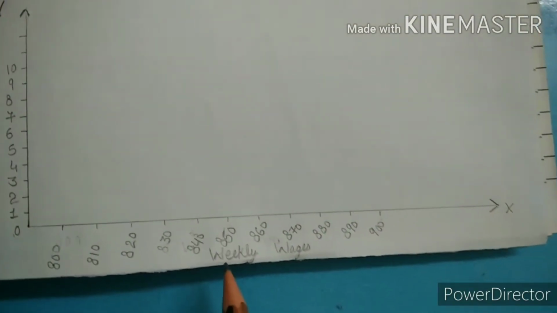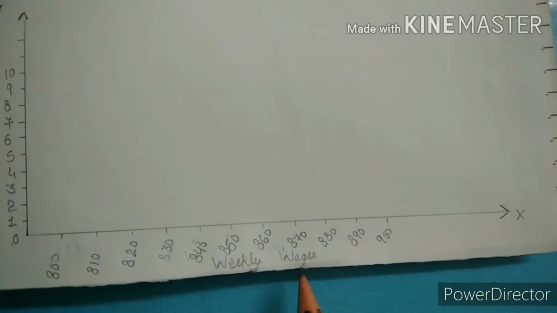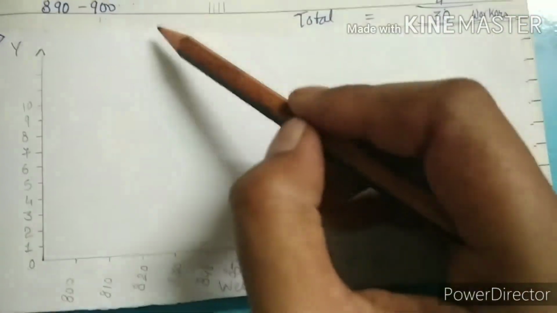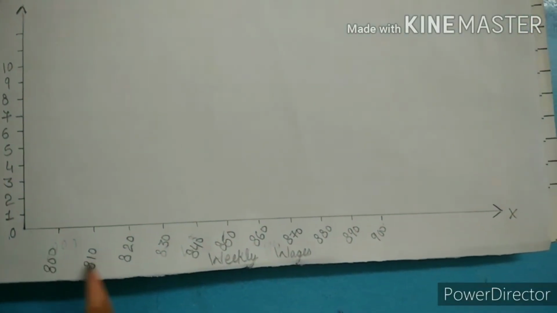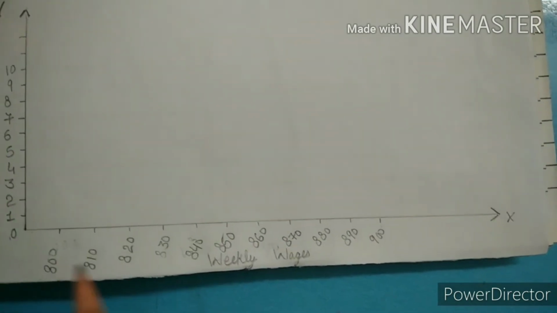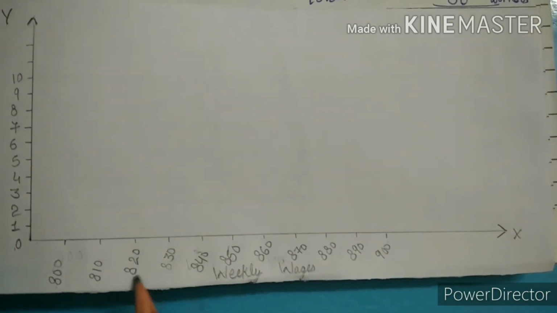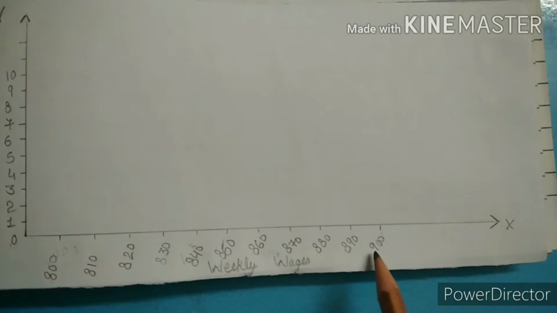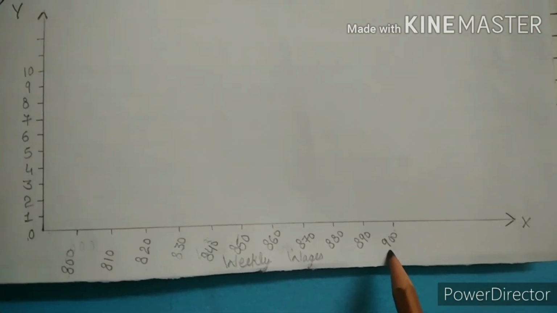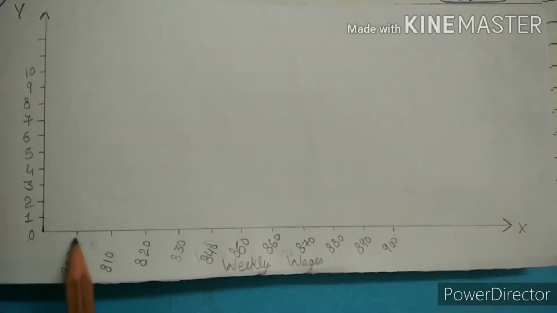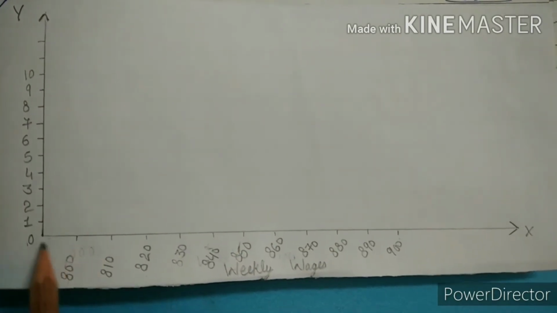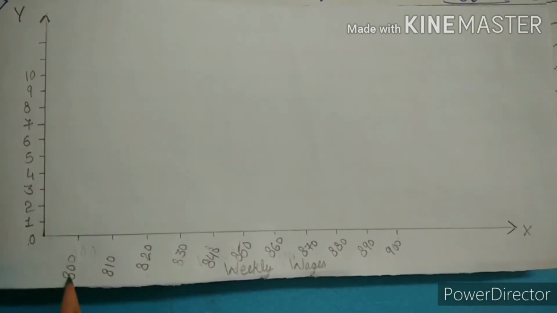On the x-axis I have taken the weekly wages from 800 to 900. Taking a 1 centimeter difference, I have taken 800, 810, 820, 830, and it continues going on to 900. Did you see that we did not take any number from 1 to 800, we directly took 800?